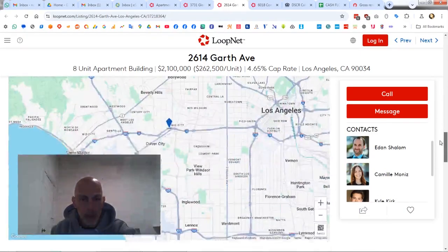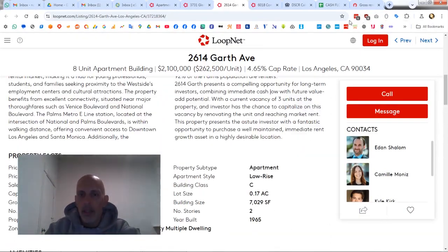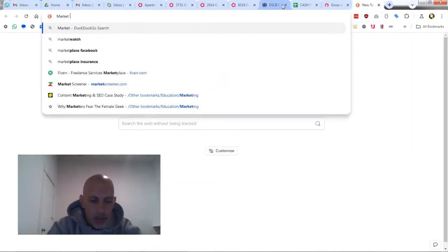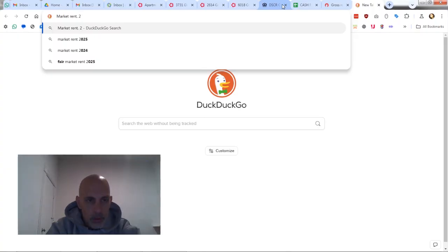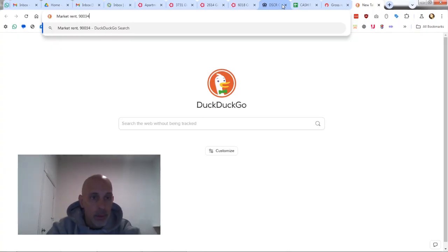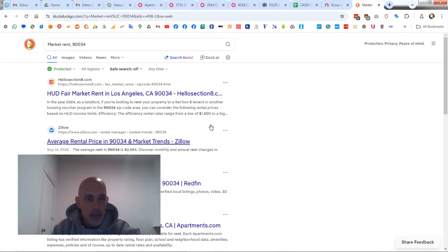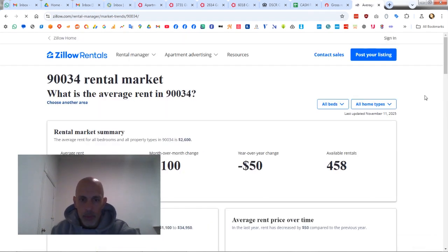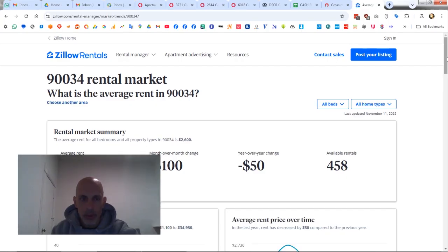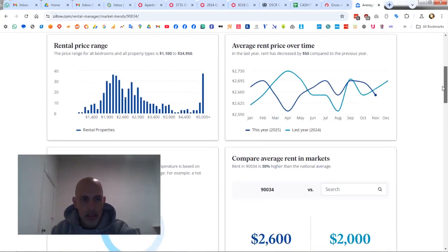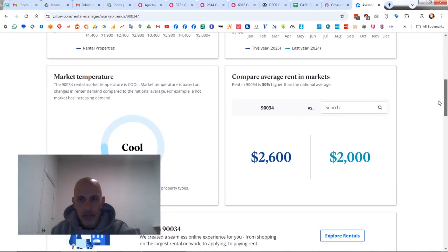What is market rent here? Does it say market rent for 90034? Now normally we'd have an appraiser do this, but I do not have an appraiser handy right now, so we are going to look at other data here.